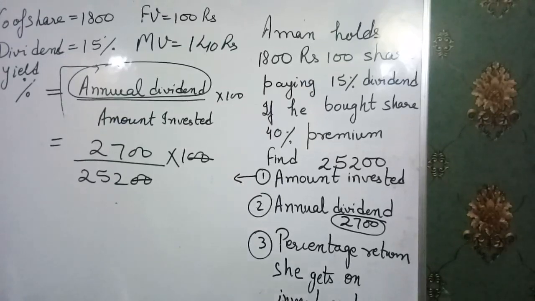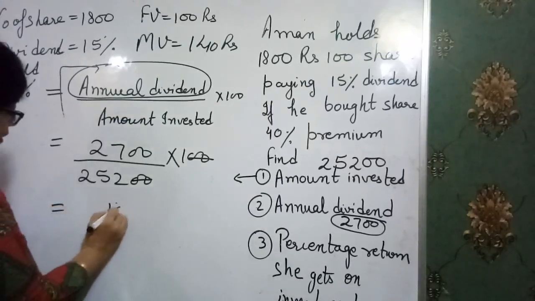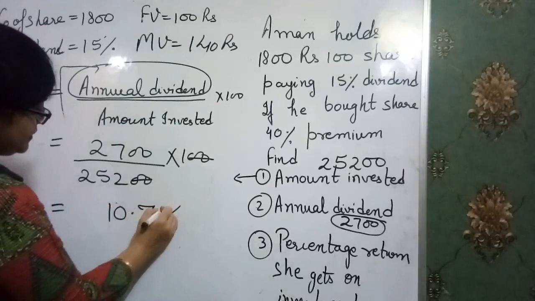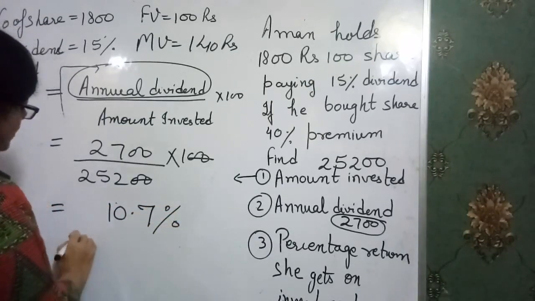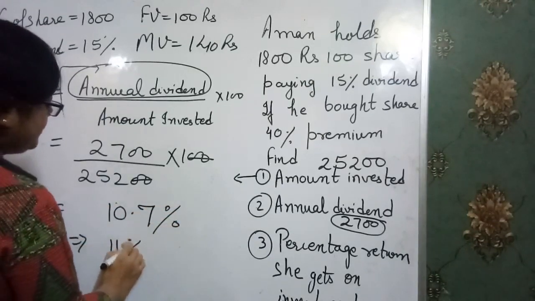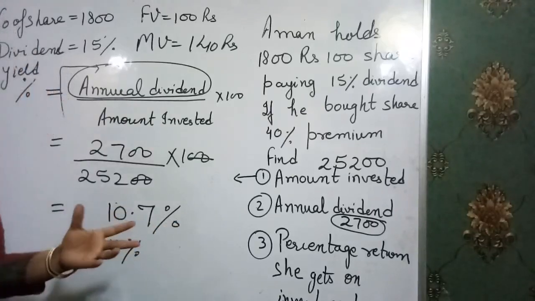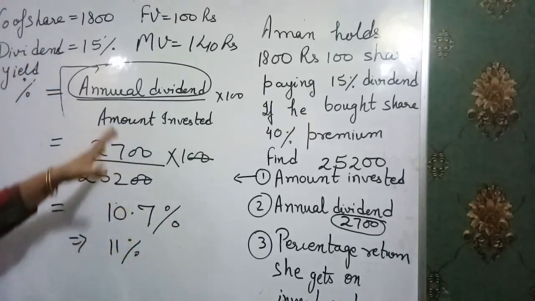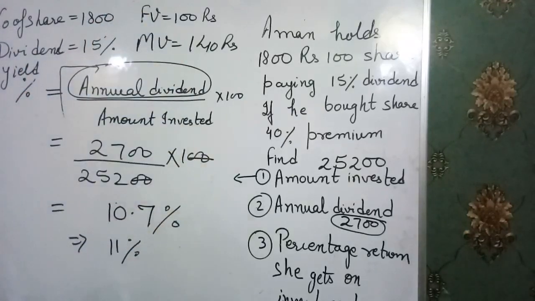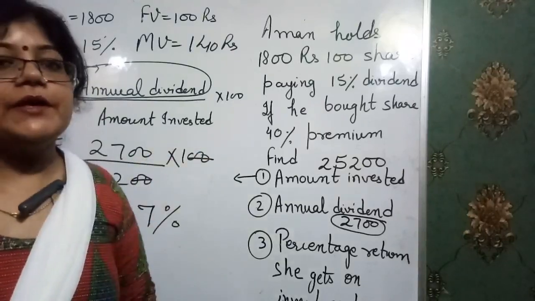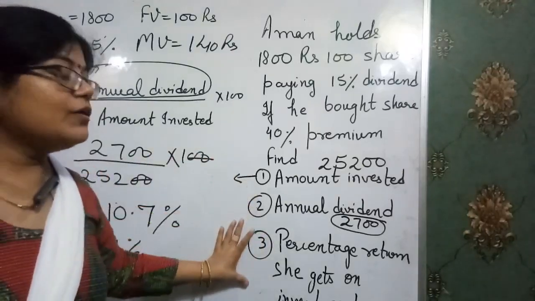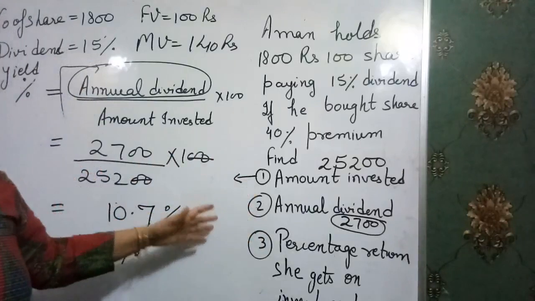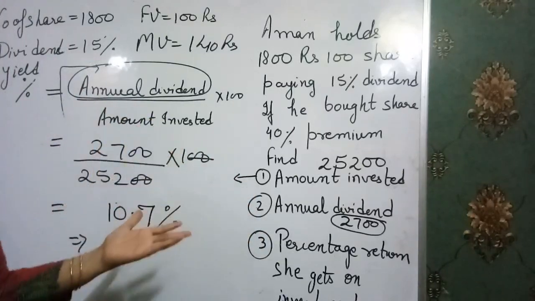When we solve it, we get approximately 10.7%, or you can say 11% yield he received on investing his money in this company. So in this way, I have explained all three terms and their formulas to you.